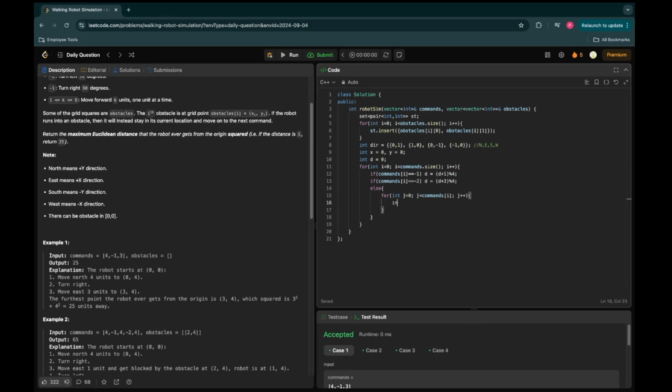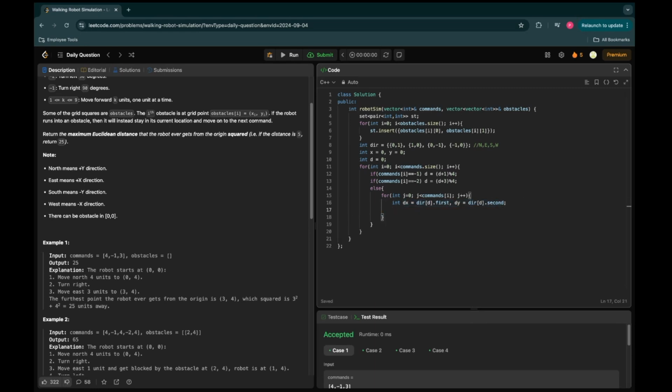Now we will initialize dx with direction of d comma 0, we need to write .first, as we have created a vector, and then dy is equal to direction of d .second. So in this way we have got the direction in which we need to move.